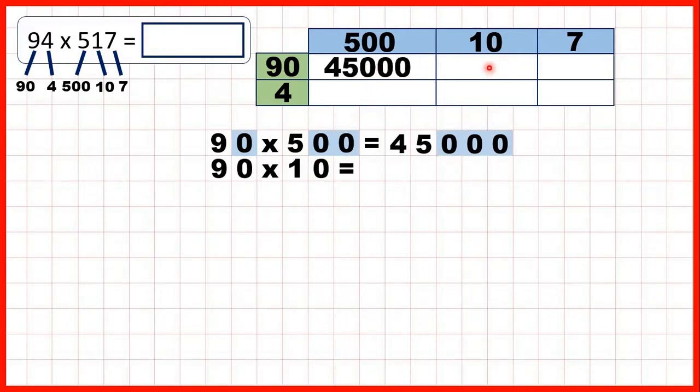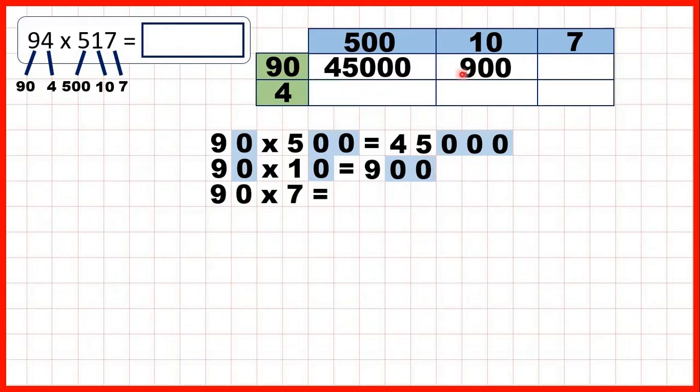For this box, we need 90 times 10. That's 900. You could think of this as being 9 times 1 with 2 end zeros, or 90 times 10 is 90 with a 0 on the end. Now we need 90 times 7, so that's 630, because 9 times 7 is 63, and we need 1 end zero.